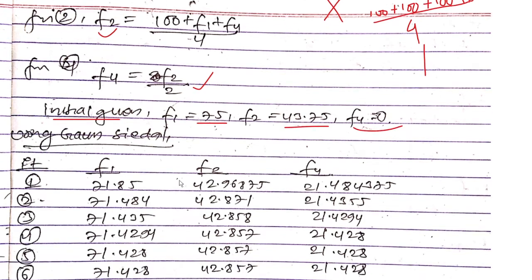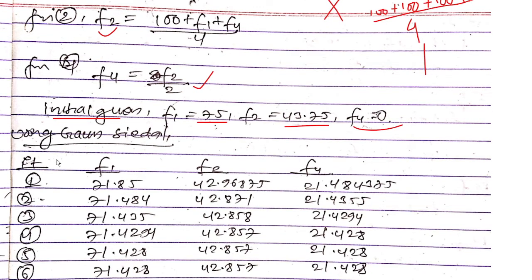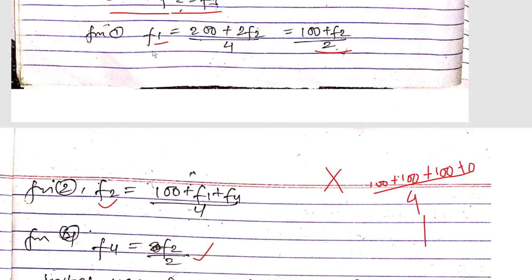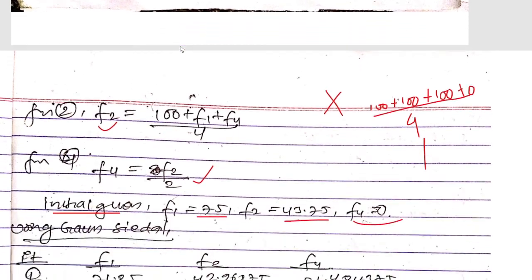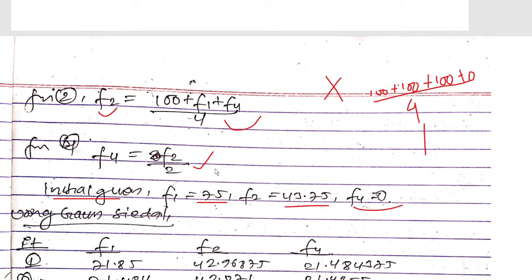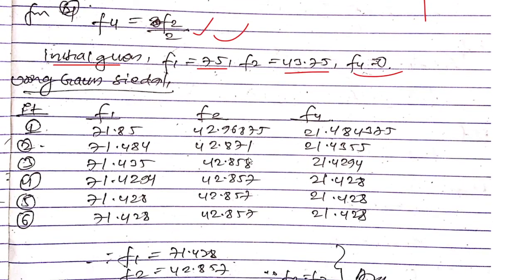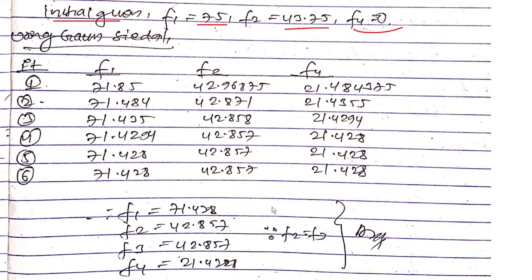Now we can simply solve these equations. Here we have equation 1, similarly equation 2, and similarly 3. And here we need to calculate the values of f1, f2 and f4. Once we calculate the value of f2, we will be able to know the value of f3, since f2 is equal to f3.